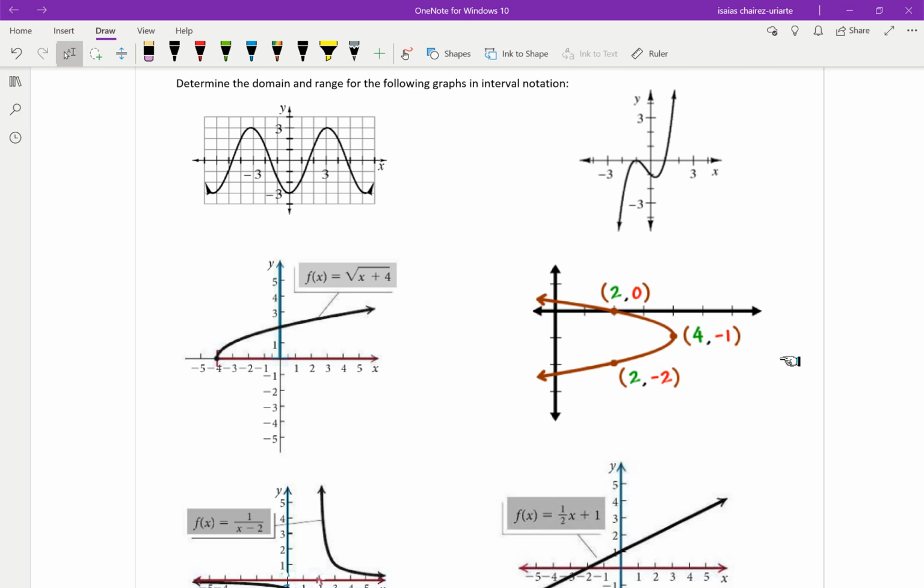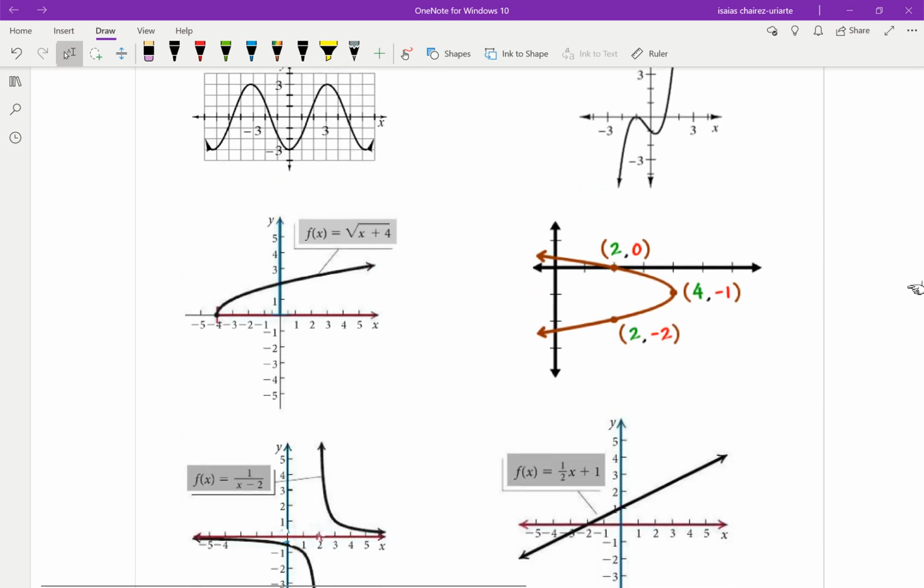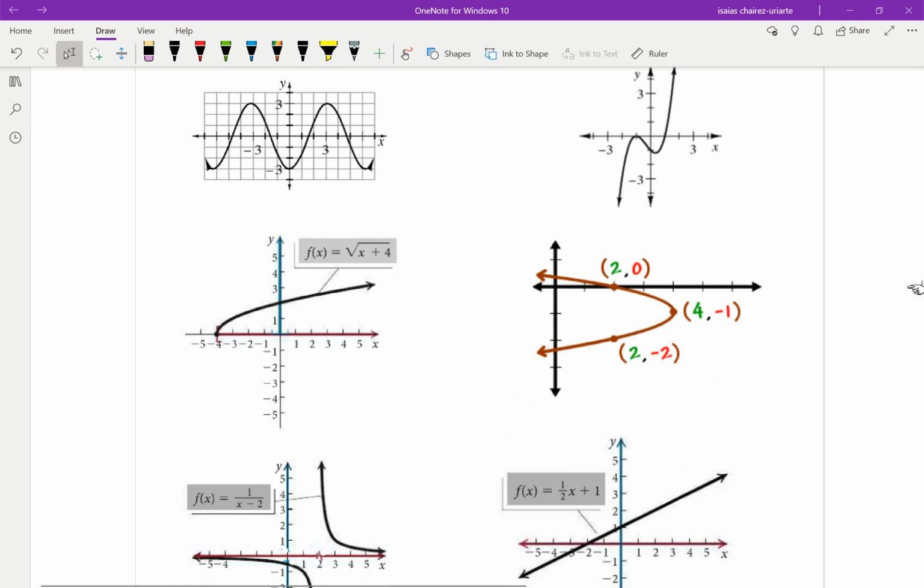We want to determine the domain and the range of the following graphs, and we want to use interval notation. Let's begin with the first 6 graphs. Take a second, pause the video, try to determine the domains and ranges of all of these first 6 graphs.